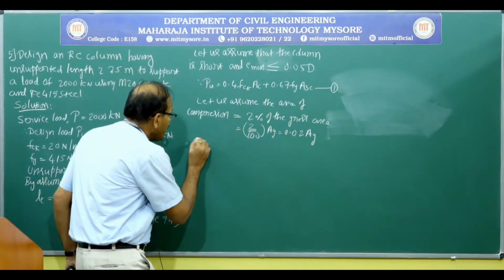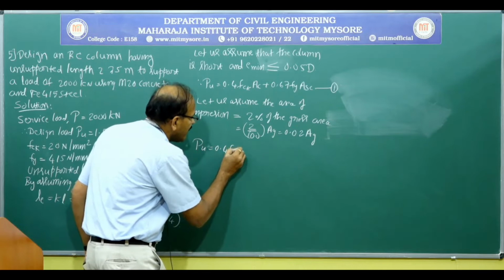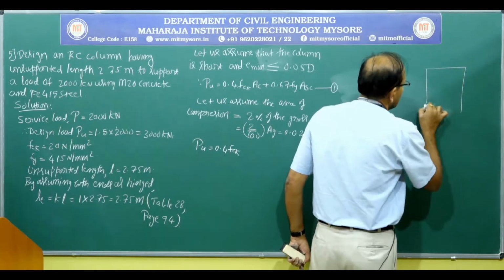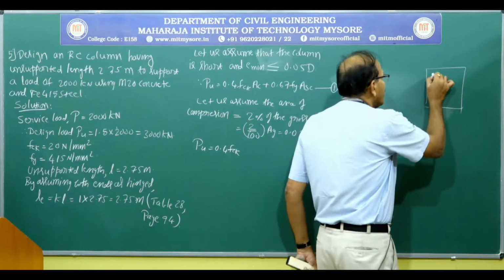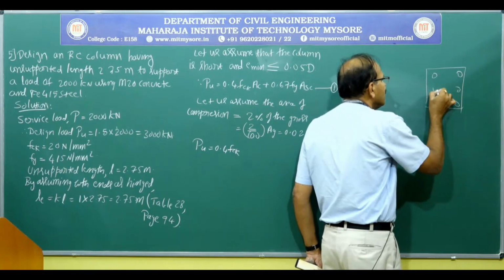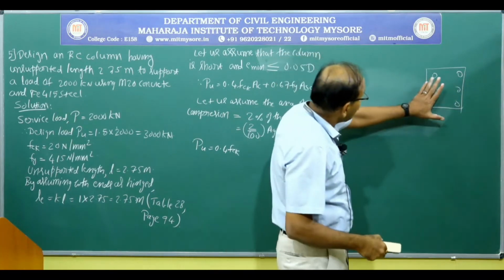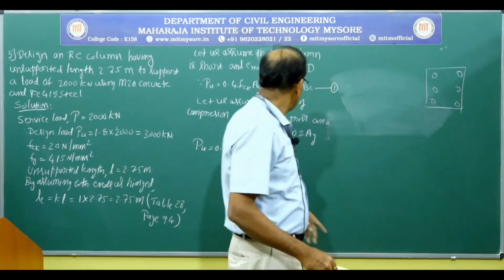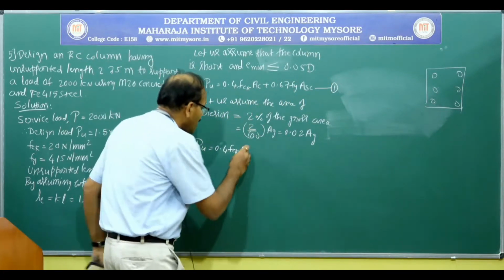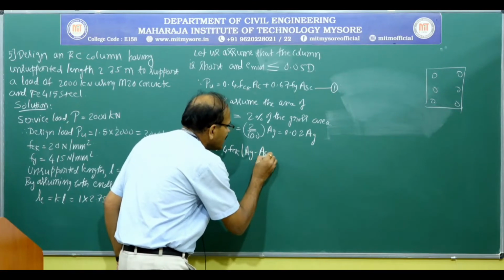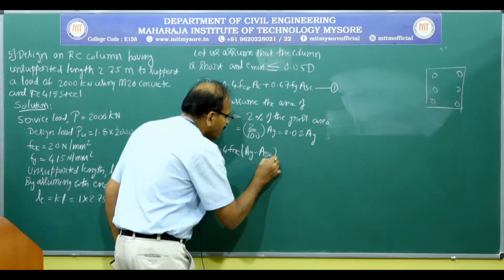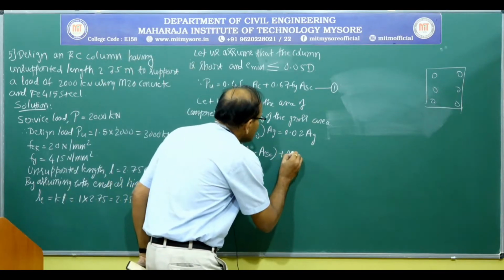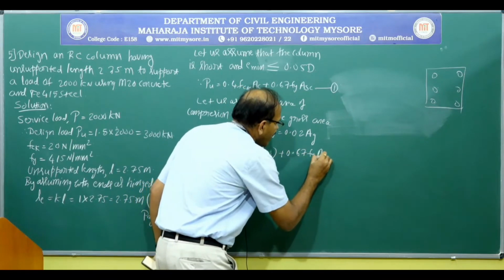So that is PU equal to 0.4 FCK, and AC is the area of concrete. If we have a column like this with reinforcement, this is the plan I have drawn. So area of concrete is the gross sectional area minus the area of the steel. So that's why I am going to write here as Ag minus ASC, that is gross area minus the area of compression steel, plus 0.67 FY ASC.